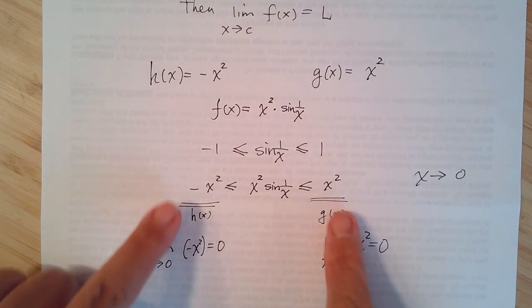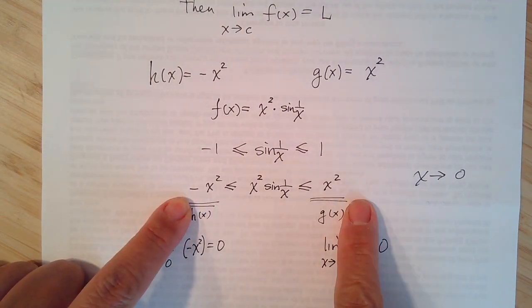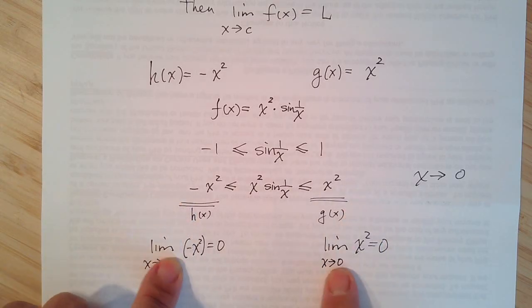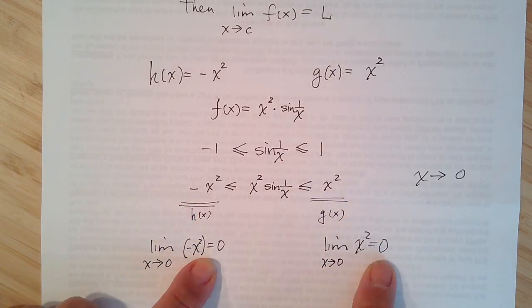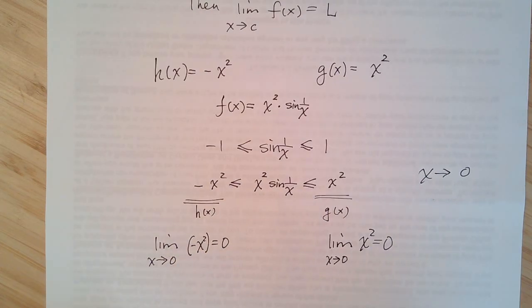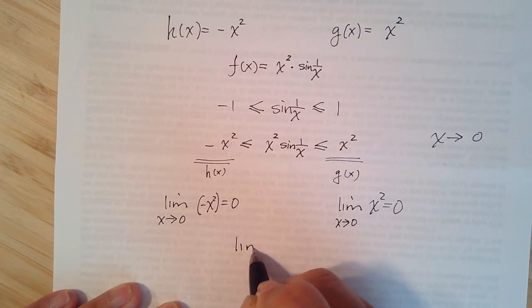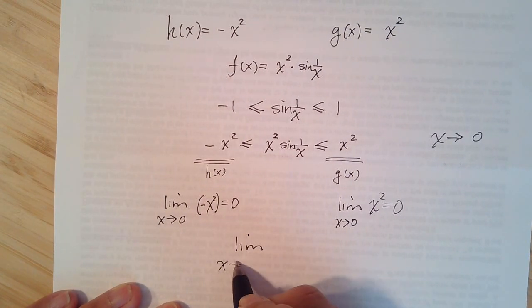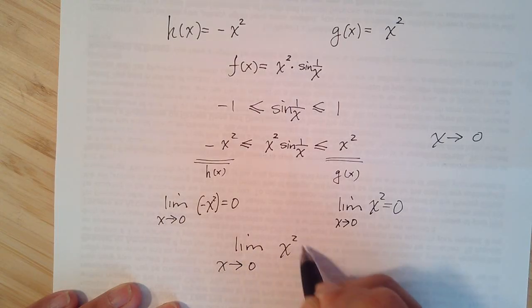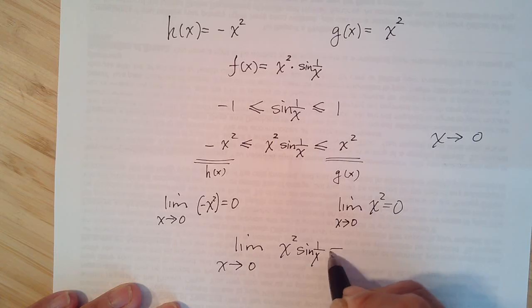So these two functions, h and g, have exactly the same limit as x approaches 0, and then we get that the limit as x approaches 0 of x squared times sine of 1 over x is 0.